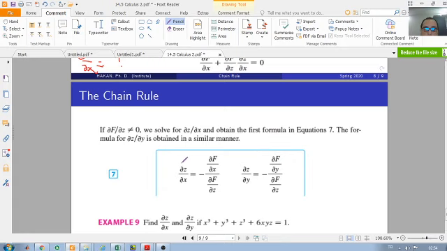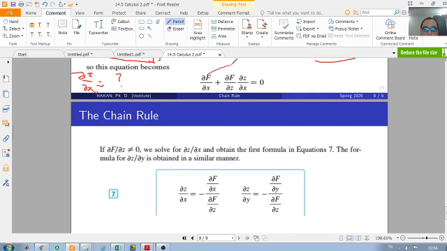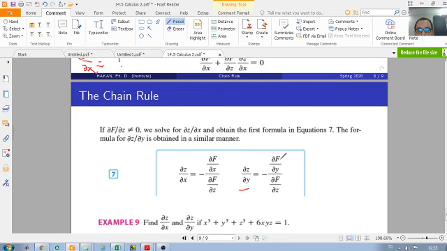So we obtain the first formula. It is written as del z over del x. Writing this one to the right hand side, we have minus del F over del x over del F over del z. And similarly you can find the partial derivative of z with respect to y, it is equal to minus the partial derivative of the implicit function with respect to y over the partial derivative of F with respect to z.